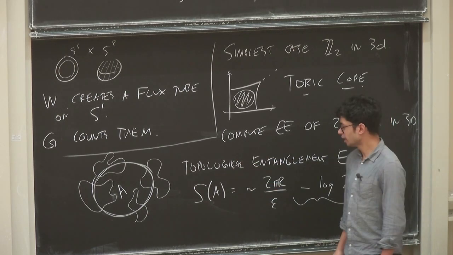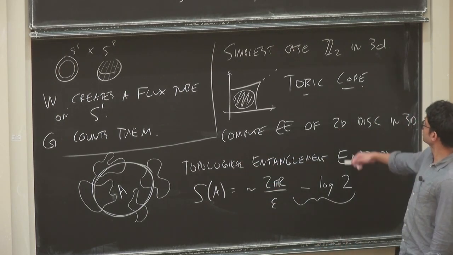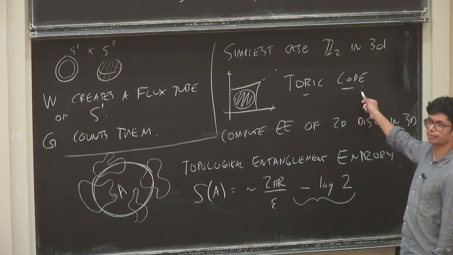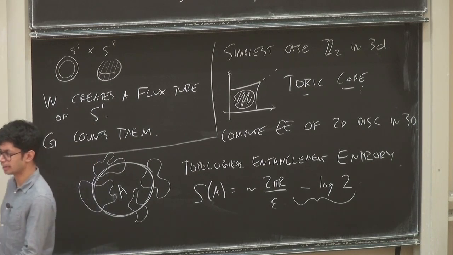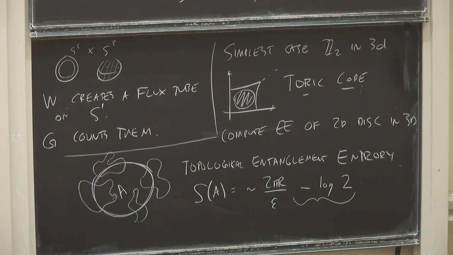And you can prove this in various ways. You can do it from this Hilbert space realization. But you can also use the techniques that we have learned from Nela's lectures. Let me sketch how you would use those. To compute an entanglement entropy, you create some sort of replicated manifold. You make n copies and compute the partition function on that replicated manifold. So you can imagine doing that here.